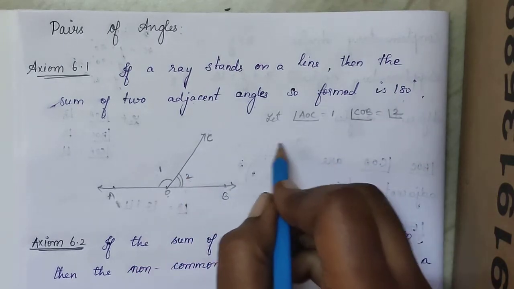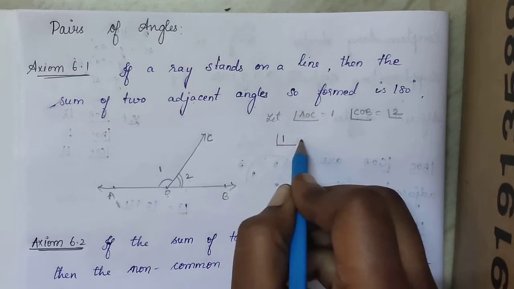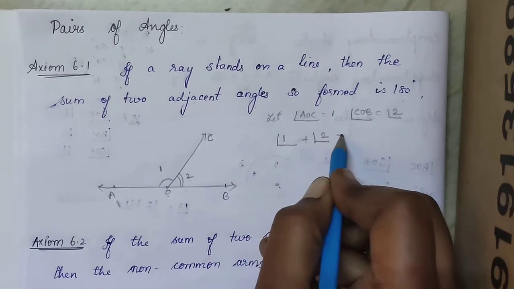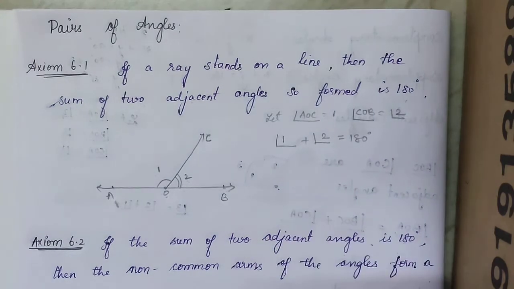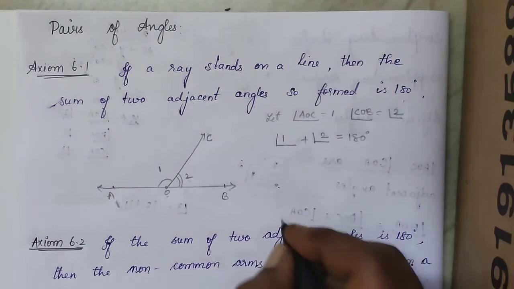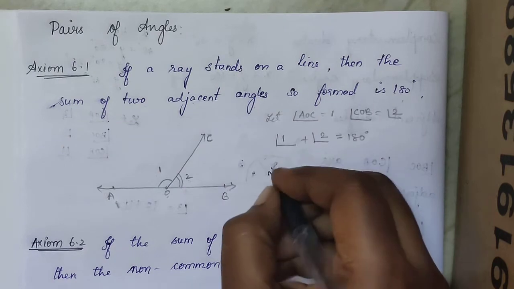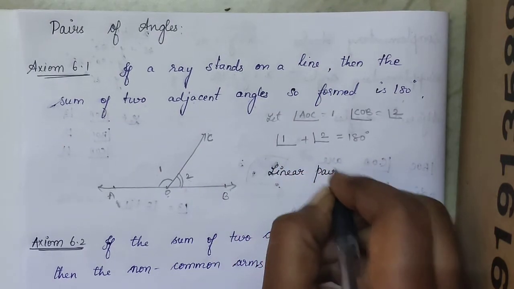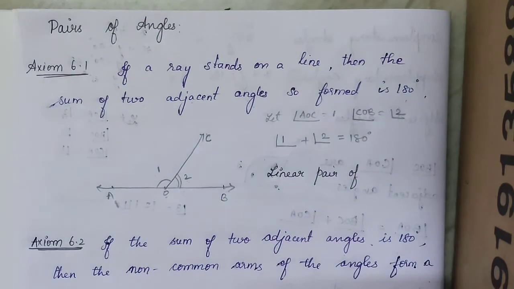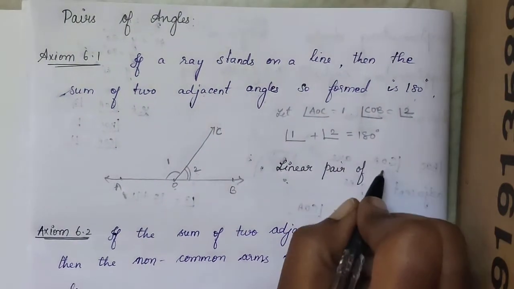So angle 1 plus angle 2 is equal to 180. This is called a linear pair of angles.